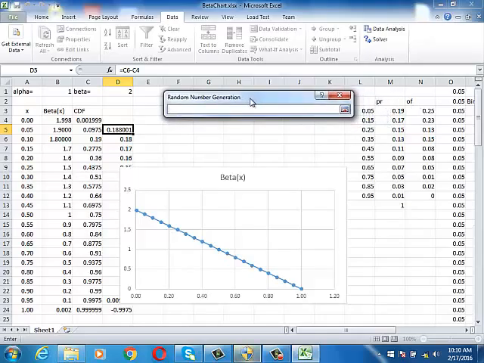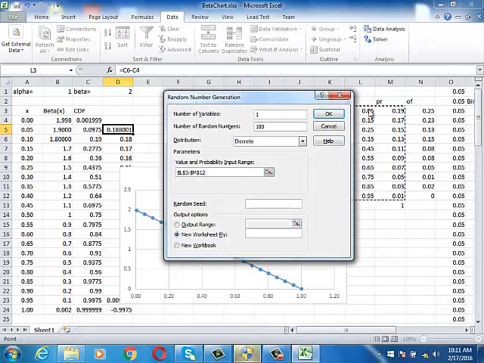These are the outcomes, and those are the probabilities. So Excel allows you to give it a table, and in this table I have outcomes on the left in the first column, and the probability of each outcome in the next column. So now it's going to generate my random numbers, and now I'm going to put the output range.